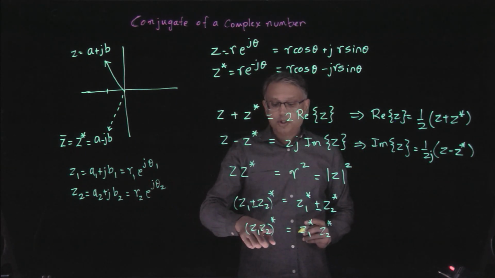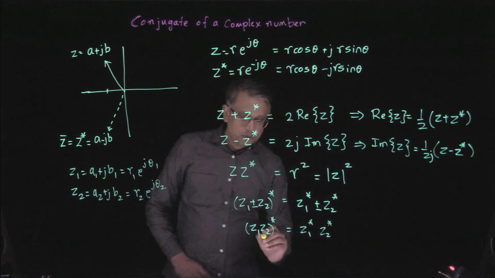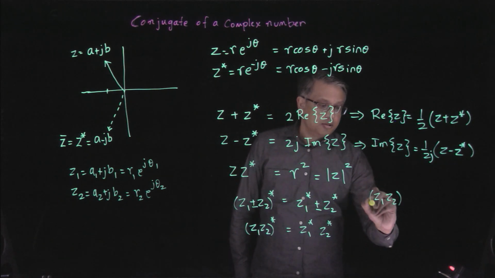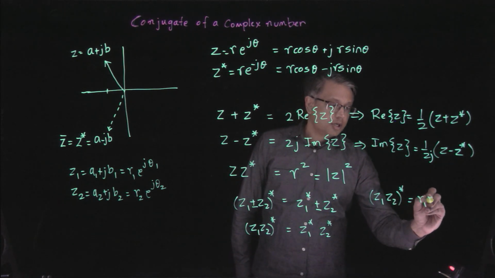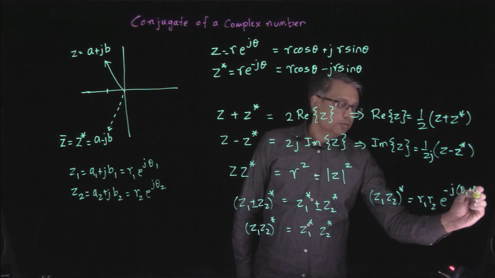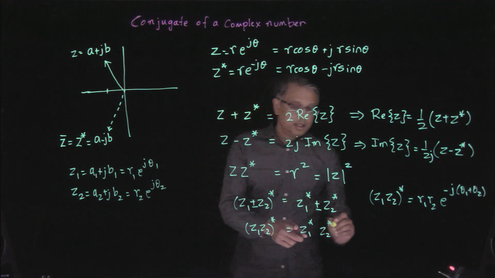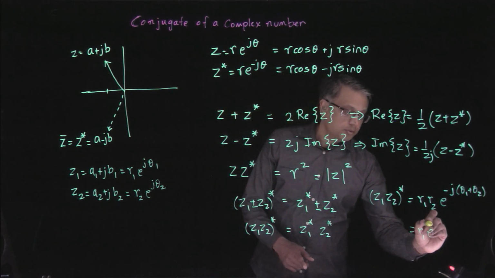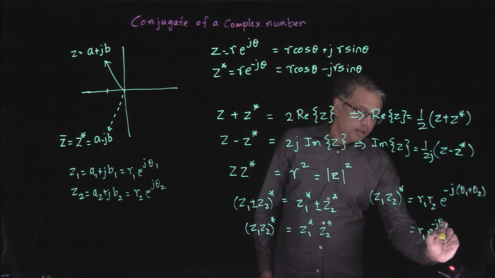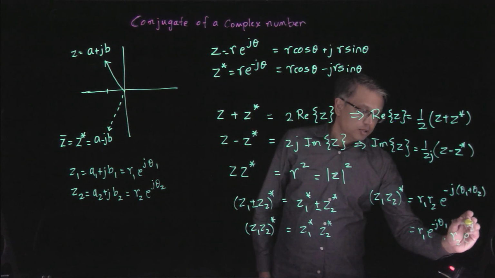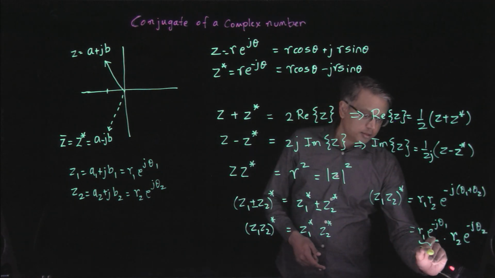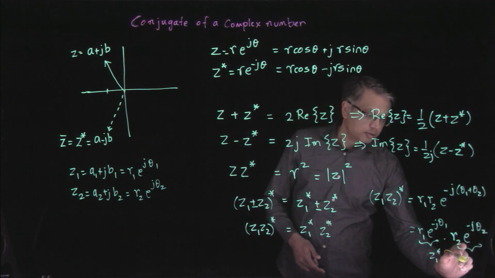So the conjugate of Z1 times Z2, you can see here, is R1 times R2 times e to the negative j theta 1 plus theta 2, which is indeed the product of R1 times e to the negative j theta 1 times R2 times e to the negative j theta 2, so this is Z1 conjugate and this is Z2 conjugate.